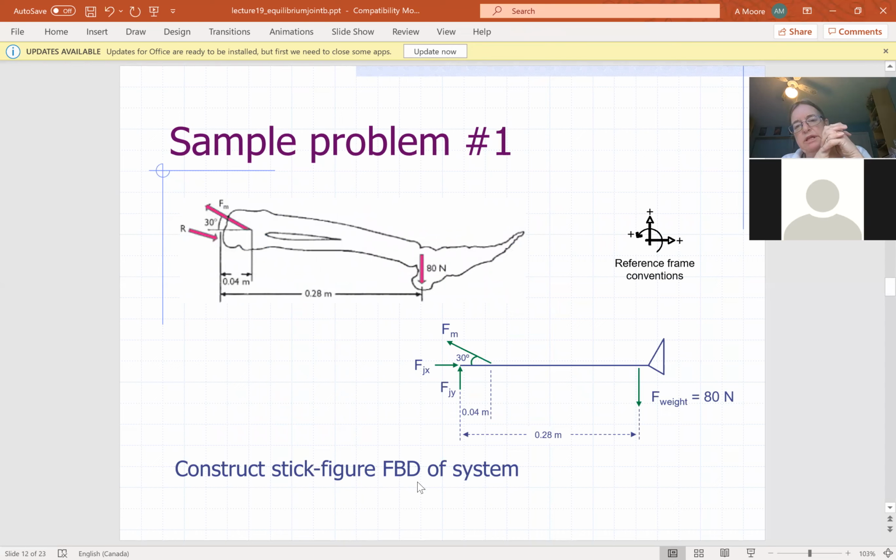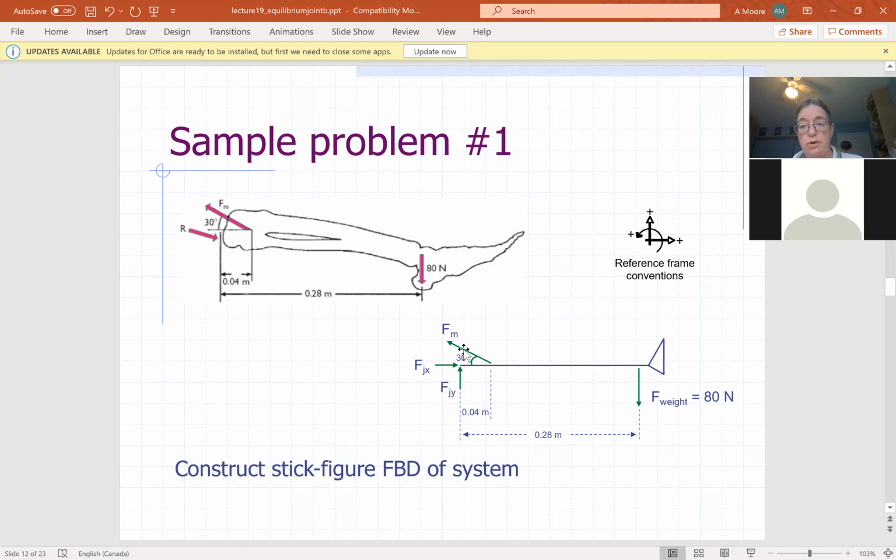So here's the sample, and the very first thing you're going to want to do is draw it. You were given this in the textbook. Sometimes you have to use the words to make this drawing. It's not always given to you, but always try and draw the situation.